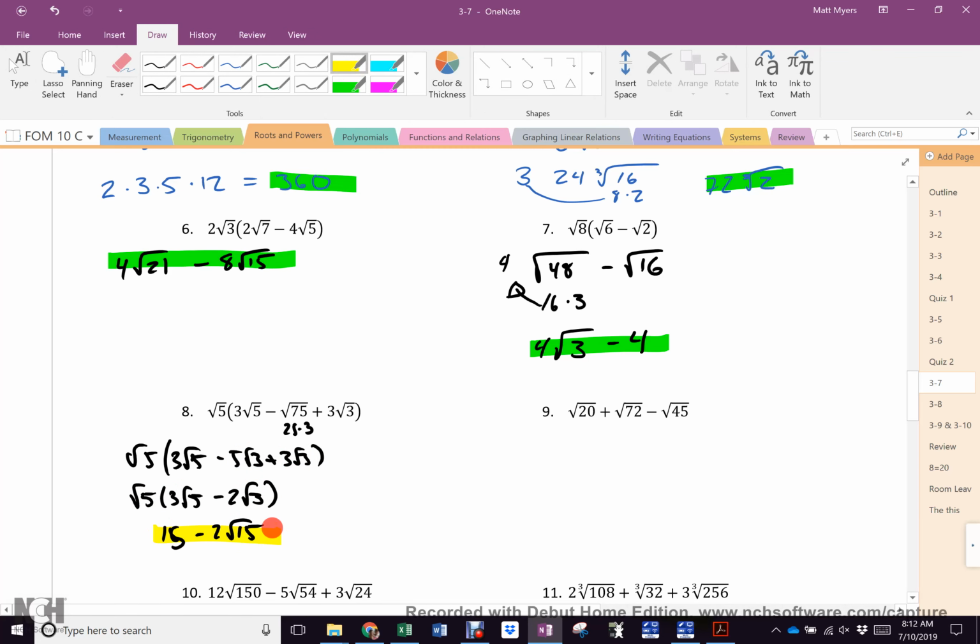There's the answer. That is 2 root 5 plus 6 root 2 minus 3 root 5. So that is 6 root 2 minus 1 root 5.